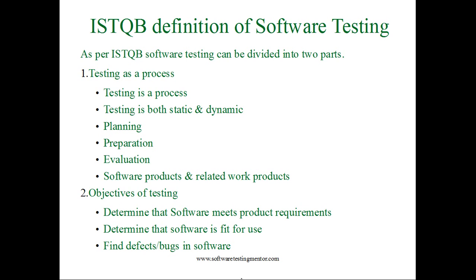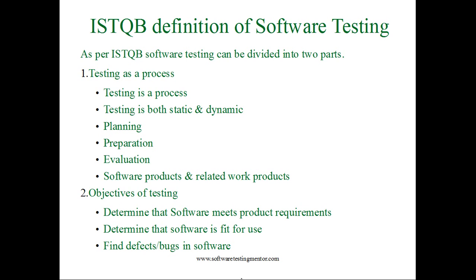Software testing is both static and dynamic. It involves planning, preparation, and evaluation. It also includes testing different software products and any related work products like your user guides, install guides, etc. The other part of testing is the objectives.